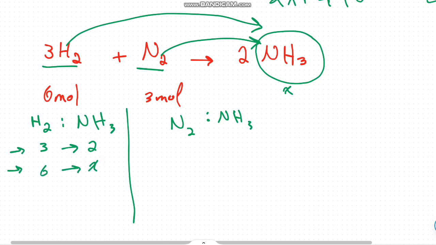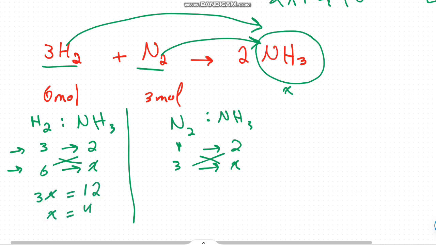Let's write it for nitrogen. 1 gives 2, then step 2 from the question, 3 gives x. Cross multiplication, 3x equals 12, x equals 4 mole of ammonia, and on this side x equals 3 times 2, 6 mole of ammonia. So 4 is smaller.